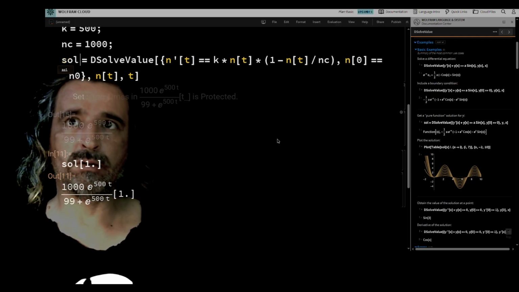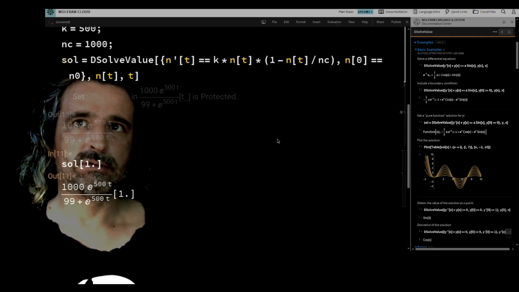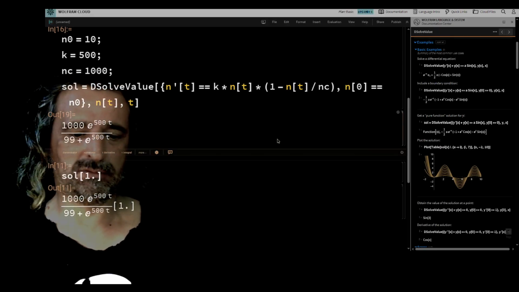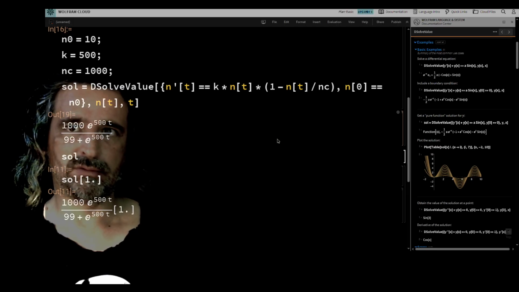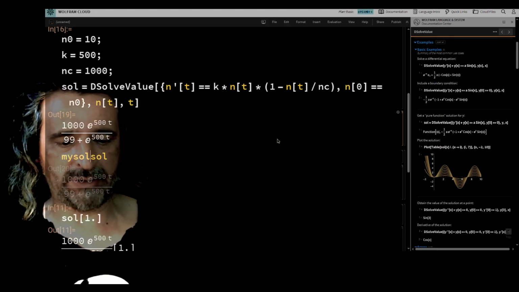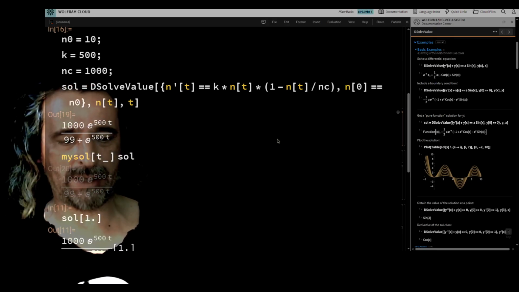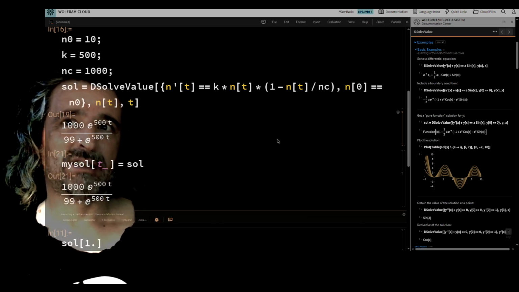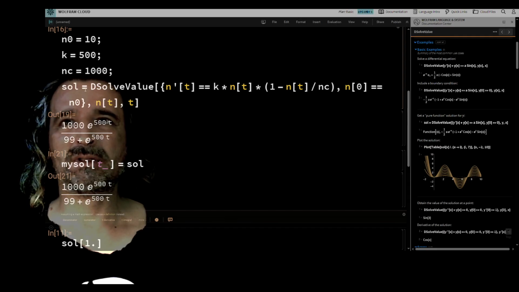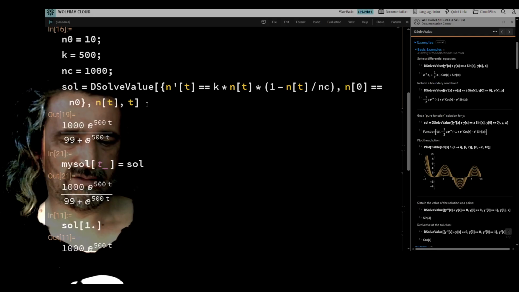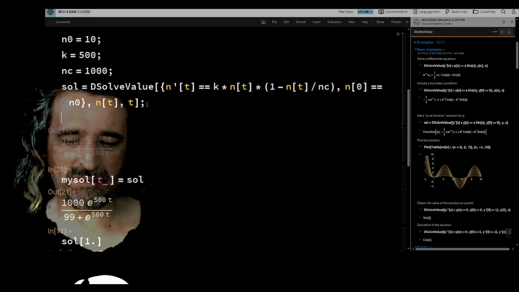So if I do sol, now I want to evaluate my solution. And if I do my sol of t, that works, but somehow I cannot do it here. So I will have to do it here.